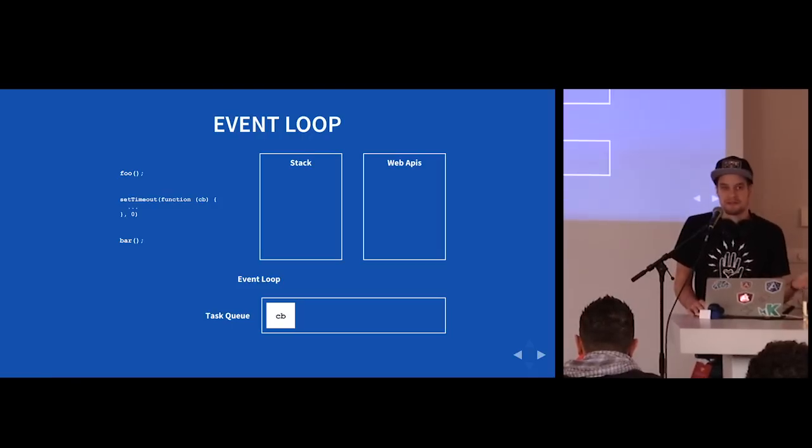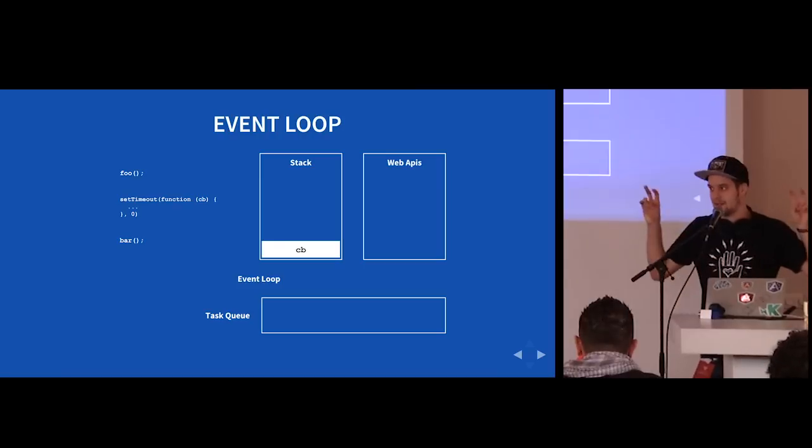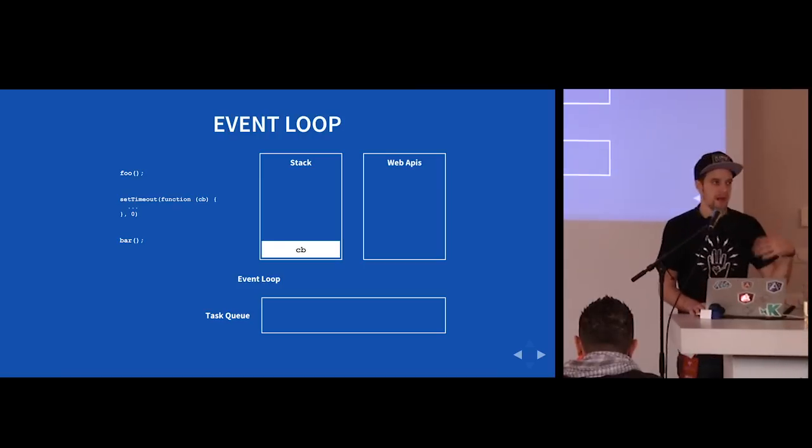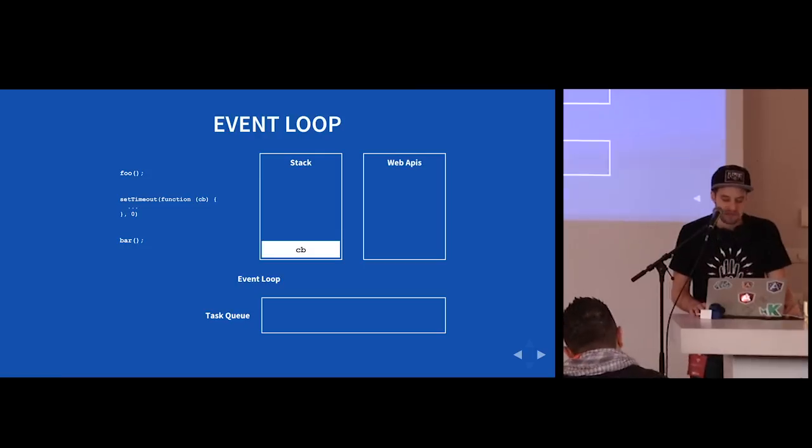So that's what the event loop is. It's this very, very tiny part that basically tracks if the call stack is free, right? If there's nothing in the call stack anymore, it pulls the next task from the task queue and puts it into the stack so it gets executed, right? So this is what happens, and we also call this the next tick, okay? So whenever you do a setTimeout of 0, you basically defer the execution of that callback to the next time the call stack is clear.